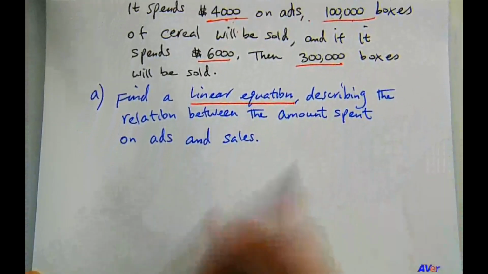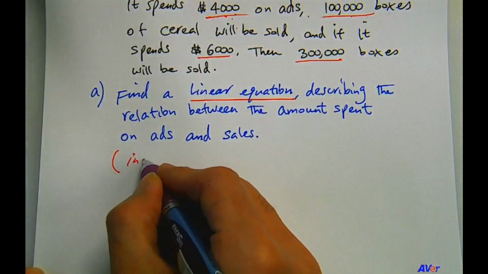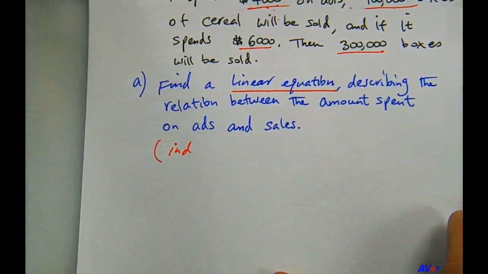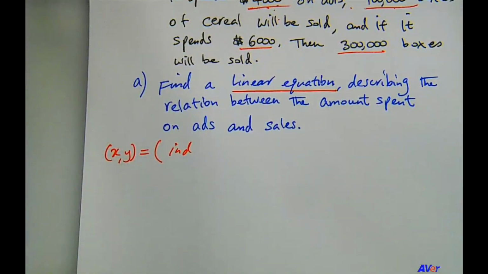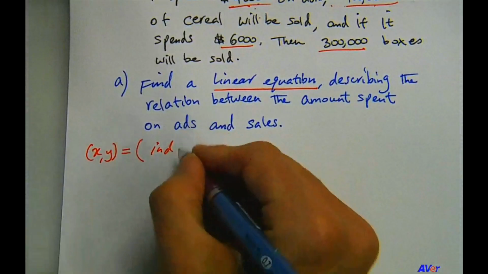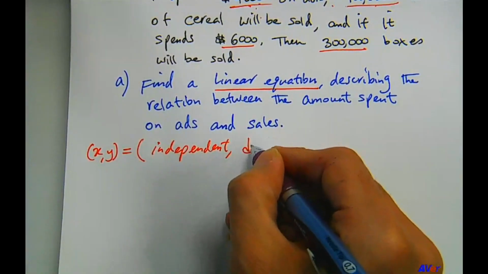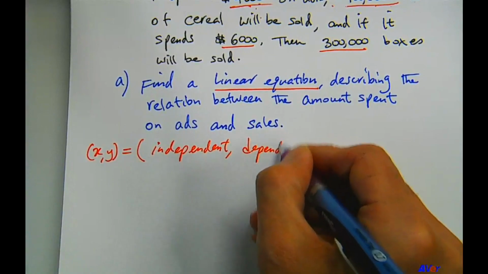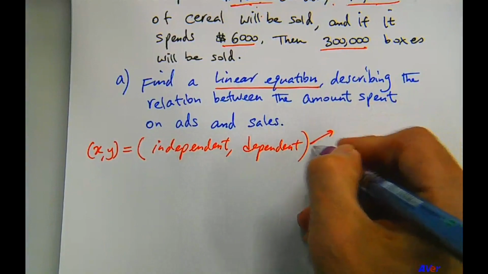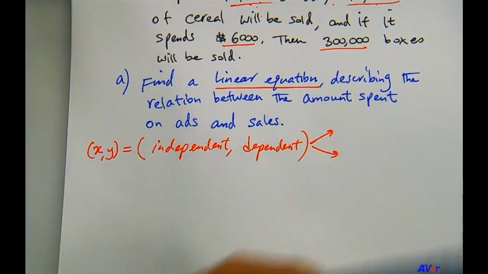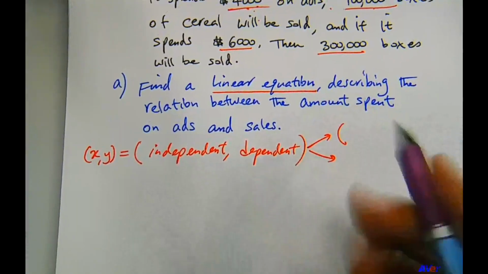So then I'm going to come here and I'm going to say, instead of, well, let me begin with XY, so you can see the transition. X comma Y is really equivalent to independent comma dependent variable, right? Then, given this information, we can split that into 2 points.